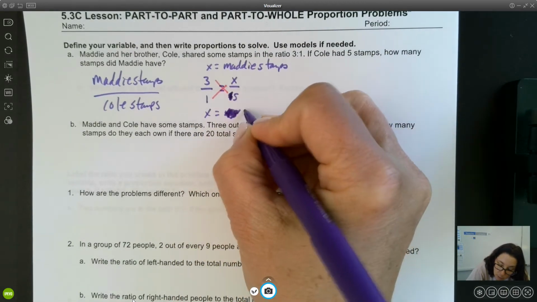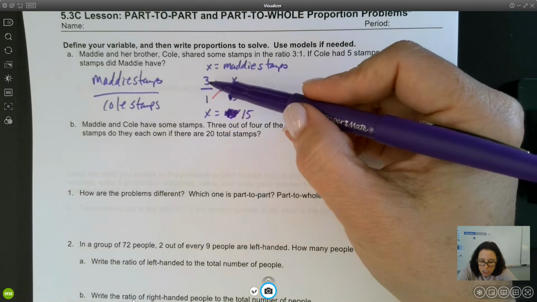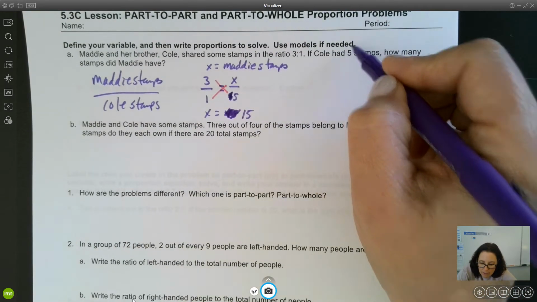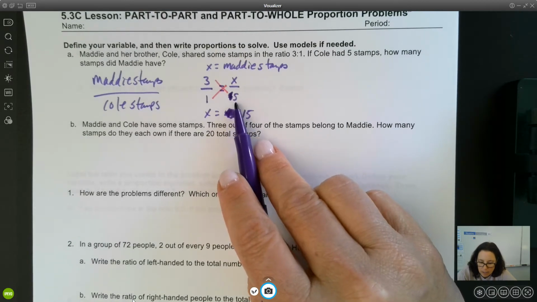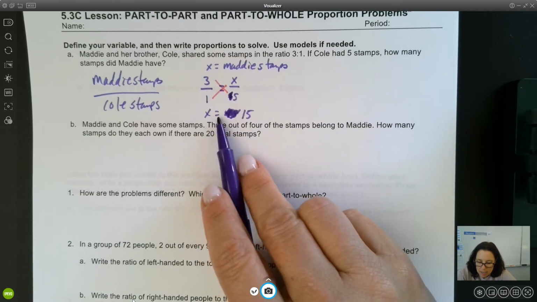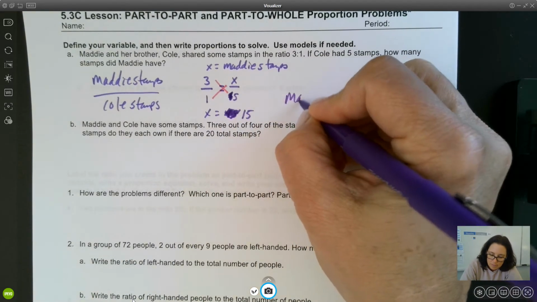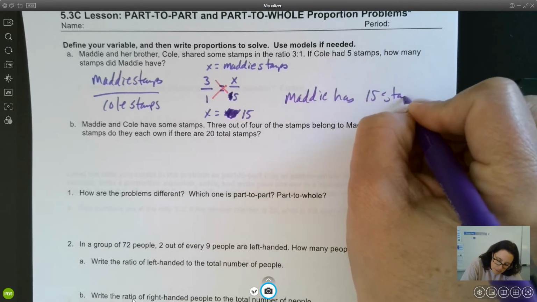Probably because my brain went too fast, because that's 15. So let me make sure that's okay. We've got 3 Maddie to 1 Cole, and then this 5 needed to be put in for Cole. I accidentally put 15 in there because I was already thinking about the answer. X equals 15 stamps when you solve that. So Maddie has 15 stamps.